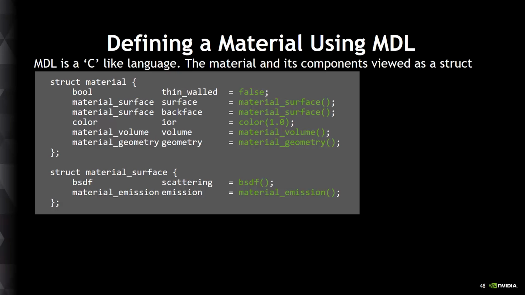We added something to that compared to what you have in traditional C. In our world, structs have default values. So if you instantiate that struct, there will always be a default for all of these fields already generated. So the default material will not be thin-walled, will have an IOR of 1, and it will have some basic characteristics already applied.